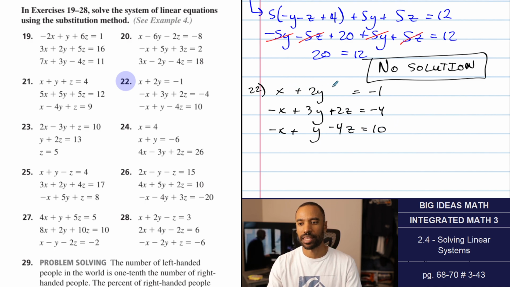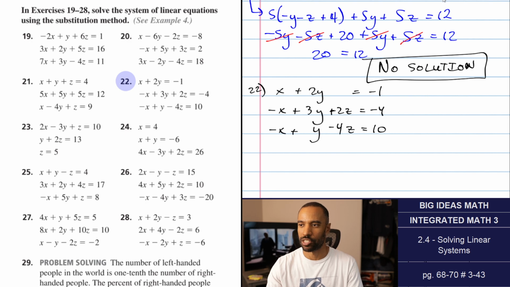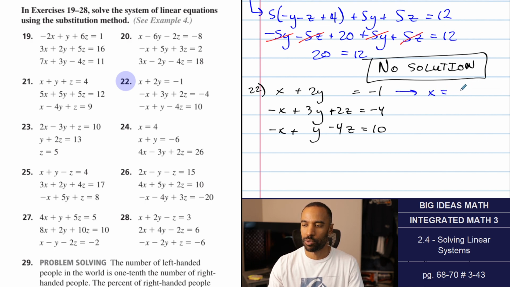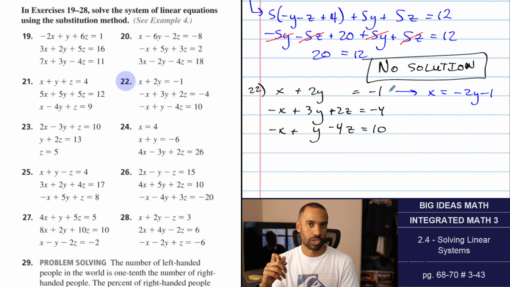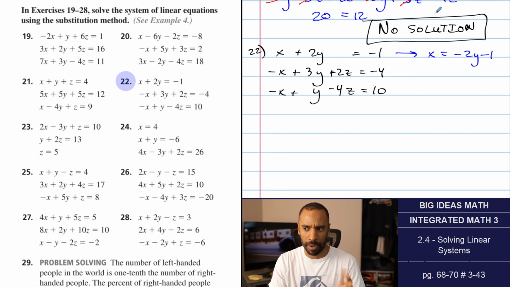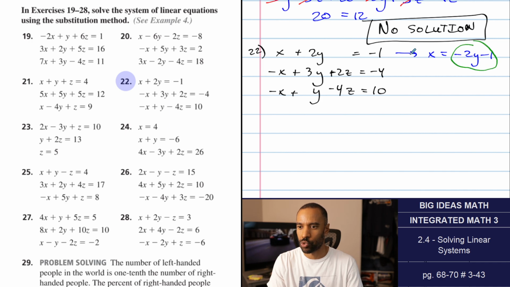Okay, I'm looking at that top equation and saying let's get x by itself in that one as well. X equals negative 2y minus 1, and I can substitute now into both of these other equations, and it'll work like the other ones that we did. It's just now there's no z I have to combine things with. So now I'm going to substitute negative 2y minus 1 right here and right here.